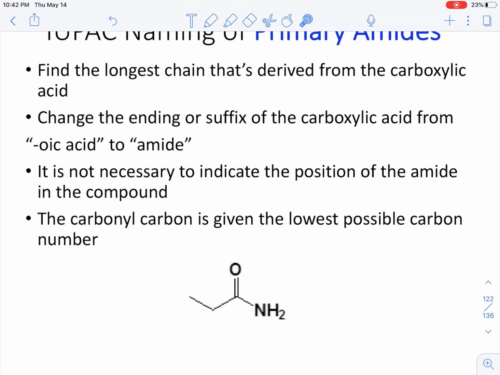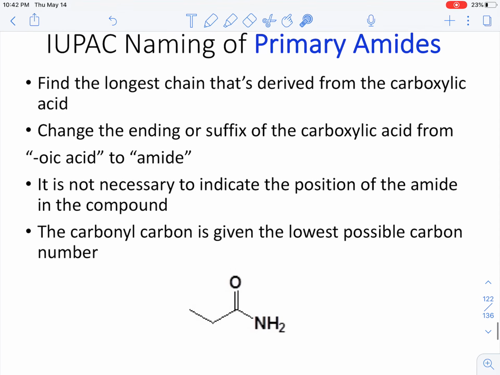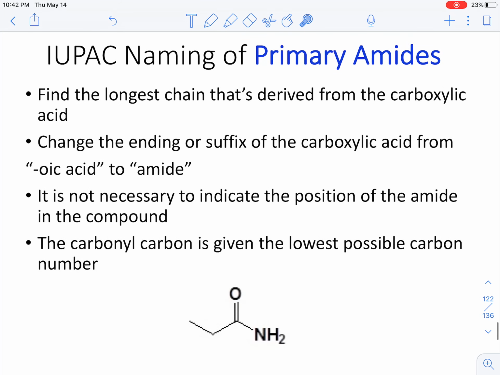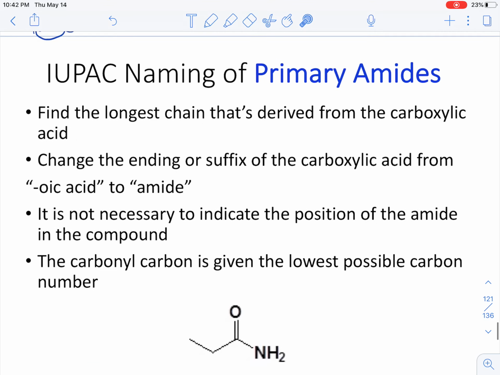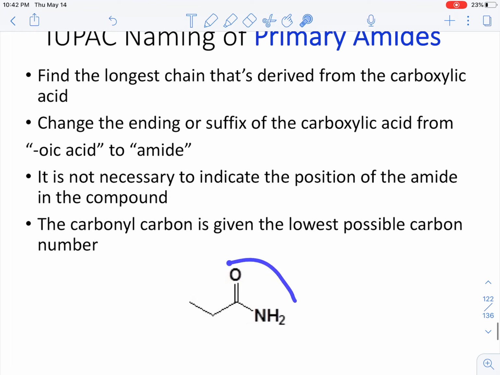And so here in this case, it's not necessary to indicate the position of the amide in the compound unless you actually have to, and there might be some cases in which you do. The carbonyl carbon is given the lowest possible carbon number. And so for primary amides, the primary amides are terminal.